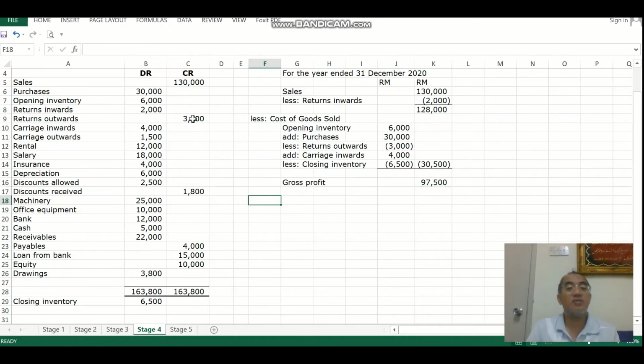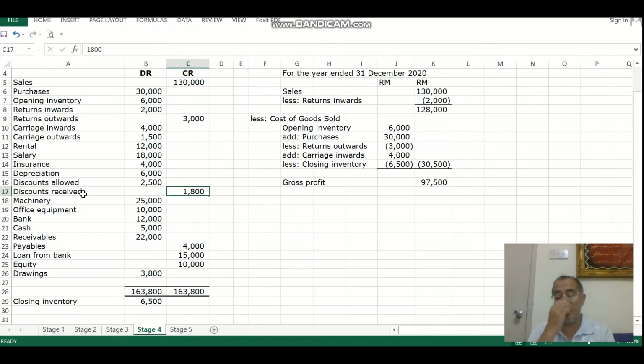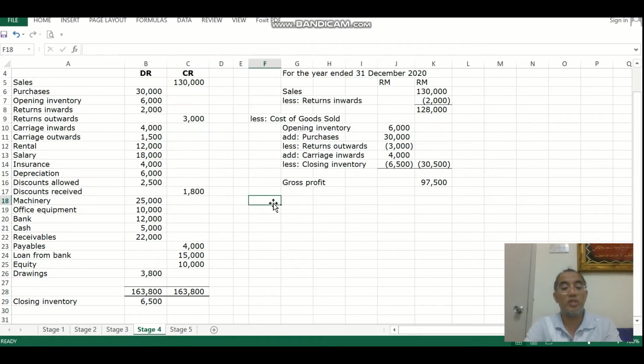Right, just now we looked at our trial balance. We have here revenue, this is okay for our cost of goods sold, and discount received, like I said just now, is other income. So after gross profit you need to add other income.